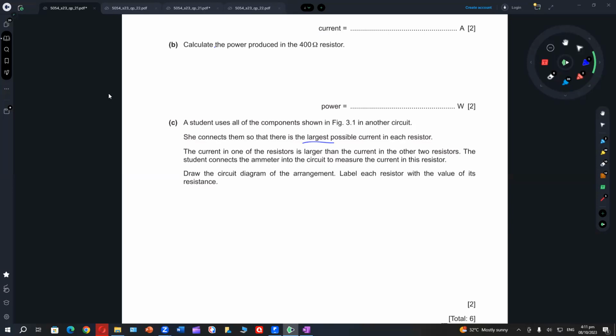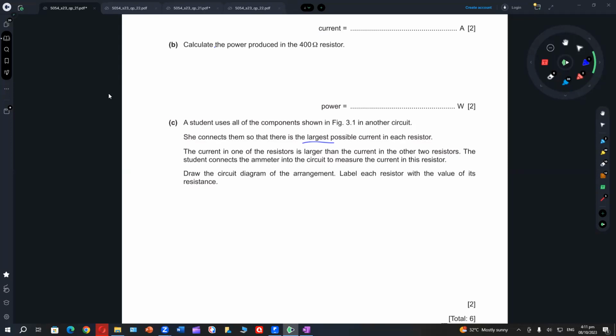The current in one of the resistors is larger than the current in the other two resistors. The student connects the ammeter into the circuit to measure the current in this resistor. Draw the circuit diagram of the arrangement.